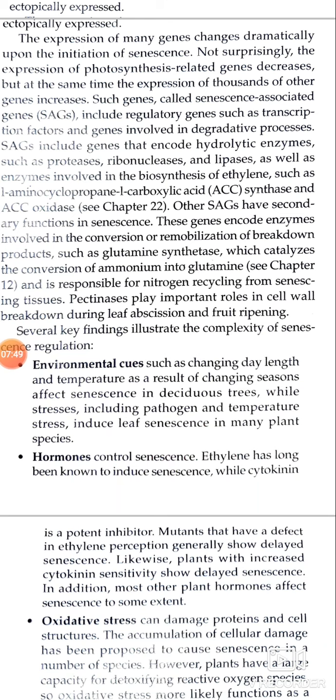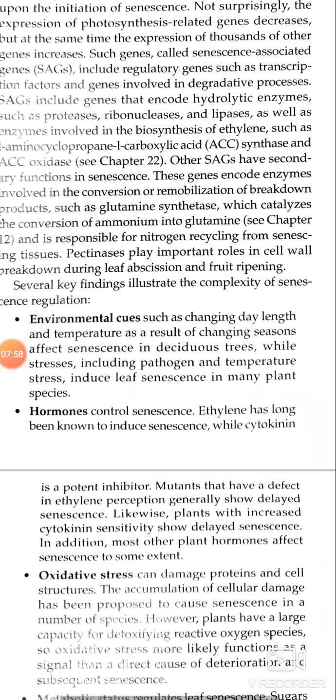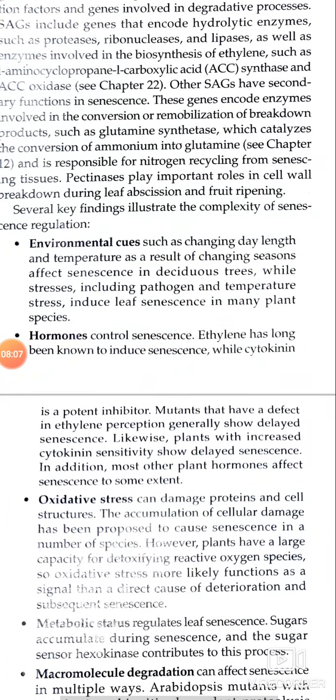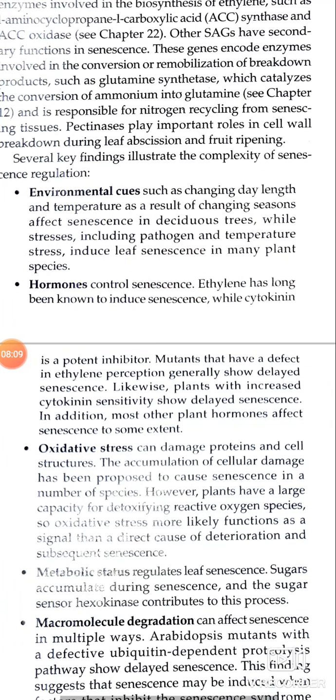However, plants have a large capacity for detoxifying reactive oxygen species, so oxidative stress more likely functions as a signal than a direct cause of deterioration and subsequent senescence. Metabolic status regulates leaf senescence. Sugars accumulate during senescence, and the sugar sensor hexokinase contributes to this process.